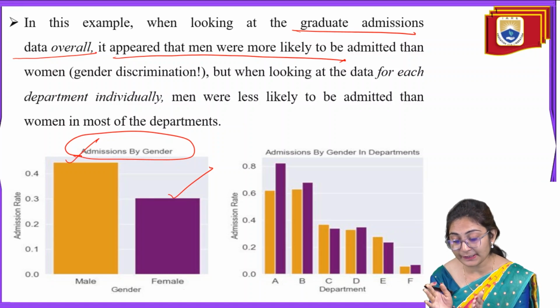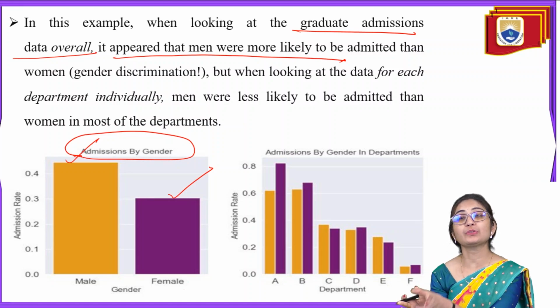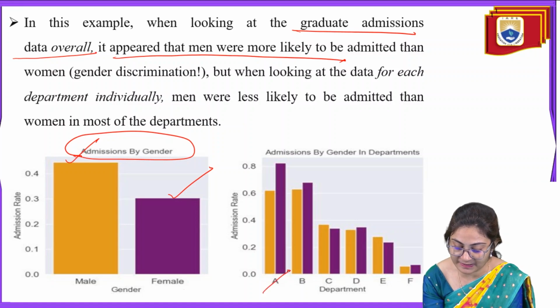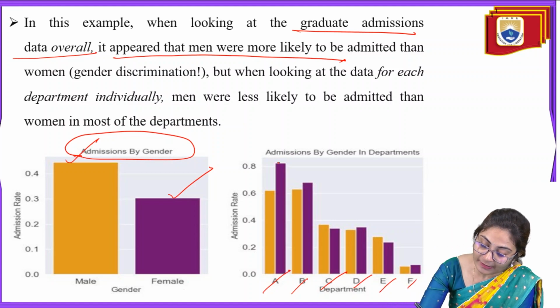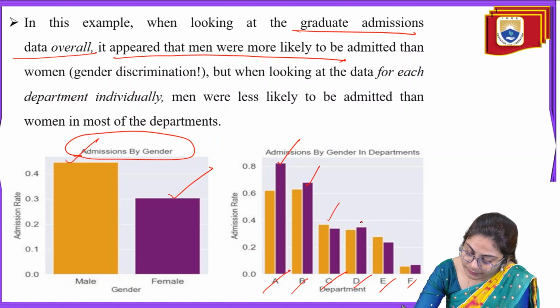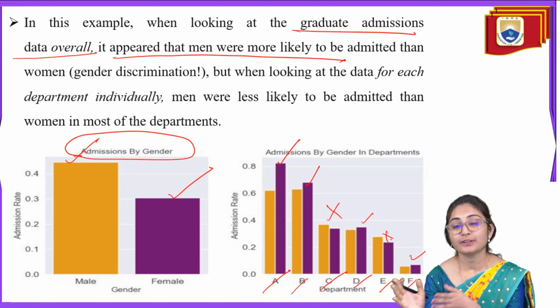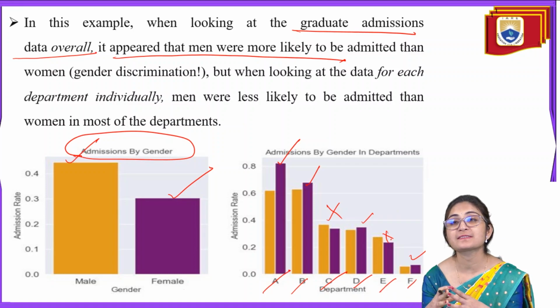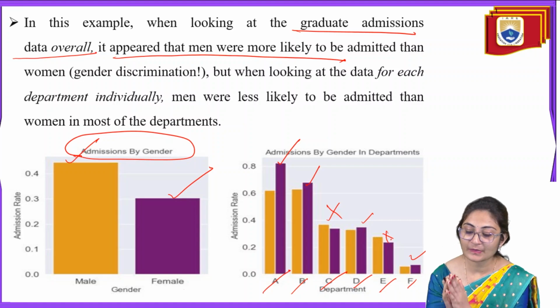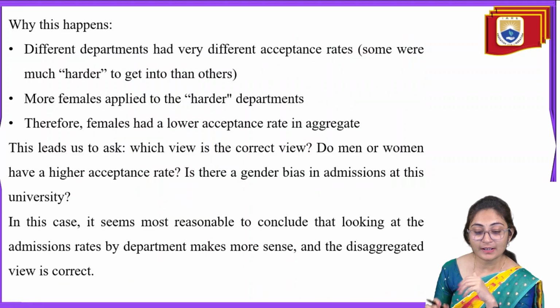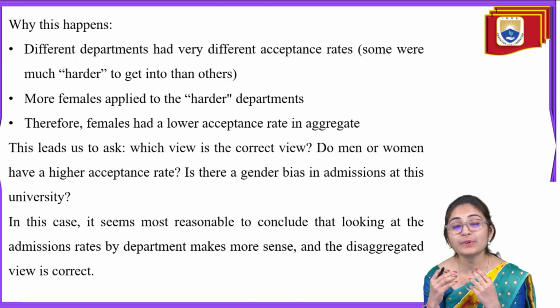But if you see the individual data for each department, there are different departments A, B, C, D, E, F. In every department female admissions are more, except two departments. So here we have to find out why this happens.